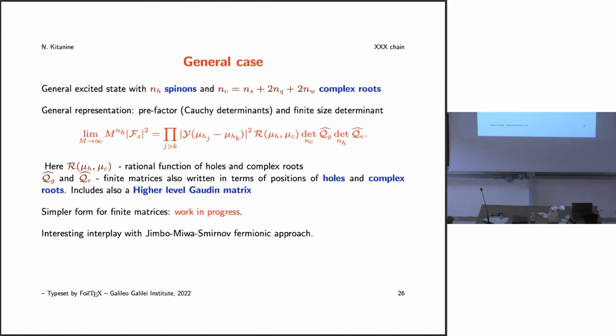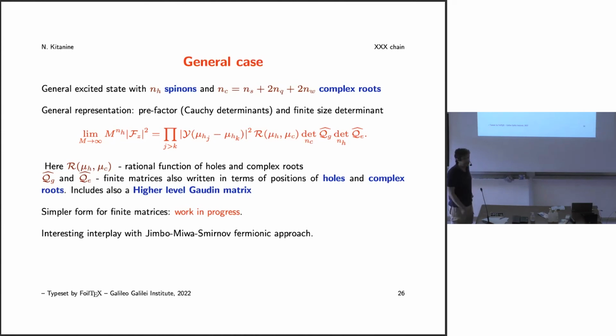And what is nice also is that inside one of the determinants, we have something like a higher level Gaudin matrix. So something like the norm of Bethe states from the higher level Bethe equations. And so it's a very explicit result only in terms of this finite data. So that's more or less the goal.